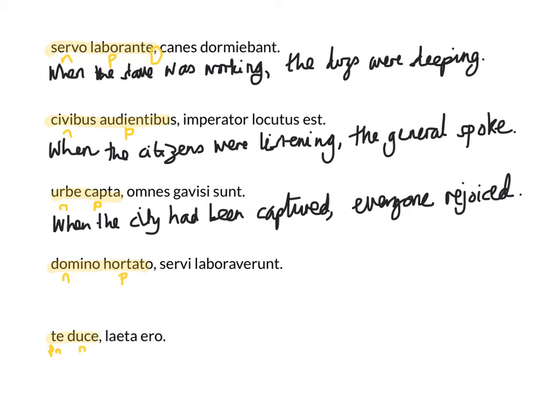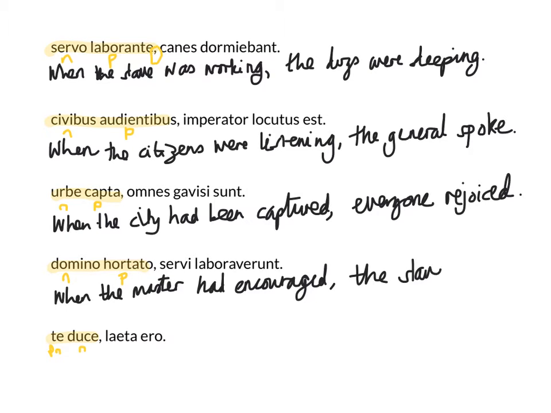Let's look at the next one. When the master, now this is a perfect active participle, so I won't say had been encouraged, but I say had encouraged. One might say after the master encouraged them, perhaps. The slaves worked. And as you know, the last one's a little bit different.